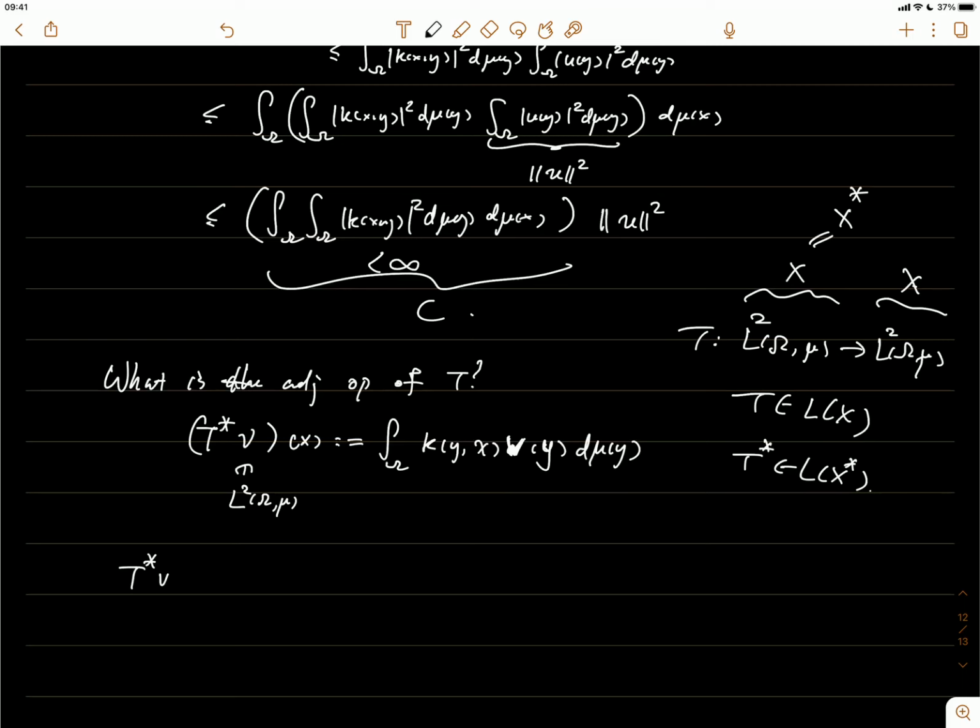So remember that according to our definition, the inner product of T star V with U should be equal to the inner product of V with TU, right? The question is, can we show this?